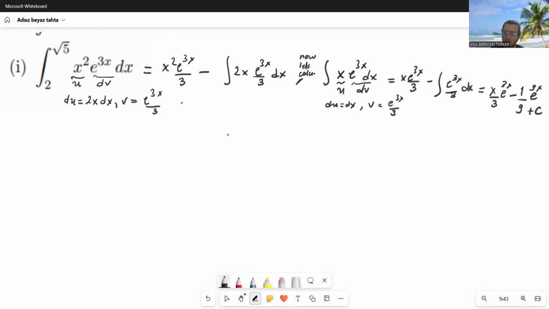Okay. Just plug this integral here. So we get minus 2 over 3 of this integral.